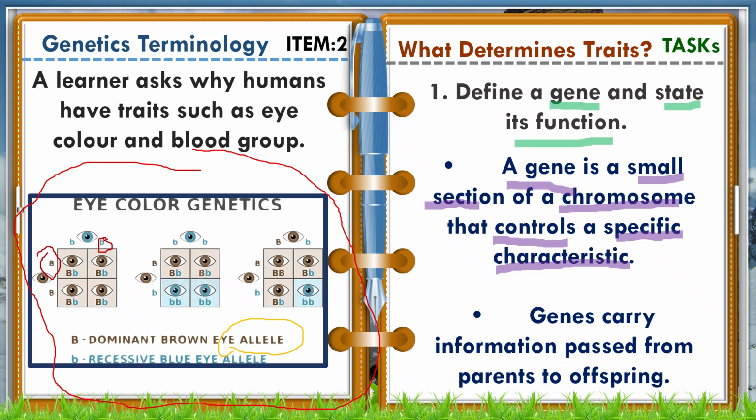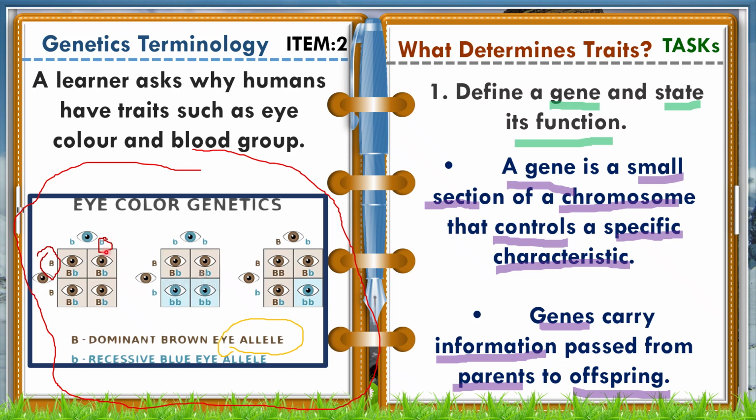The genes carry information passed from the parent to the offspring. So this is capital B, a gene for eye color, and this is small b, also a gene for eye color. So we call them alleles.